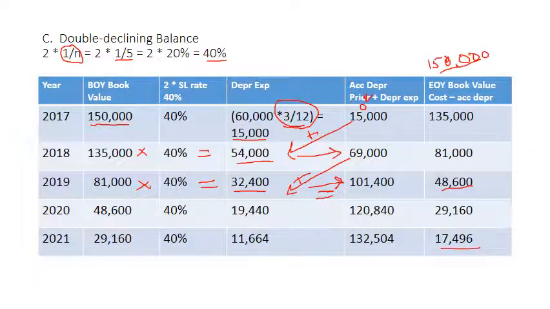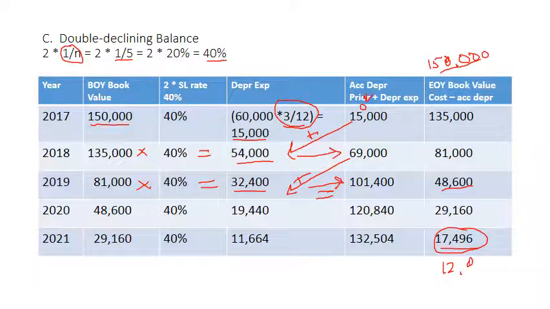So the last year is probably going to be an adjusted year, because 40% of 29,160, if we take 29,160 times 0.4, that's $11,664. And if you subtract that from this, what's going to carry over, oops, wrong one. So what'll be the beginning value is 17,496 times 0.4 would give you almost $7,000, and that would bring you down to a book value of 10,000, and you want the ending value to be 12,000.